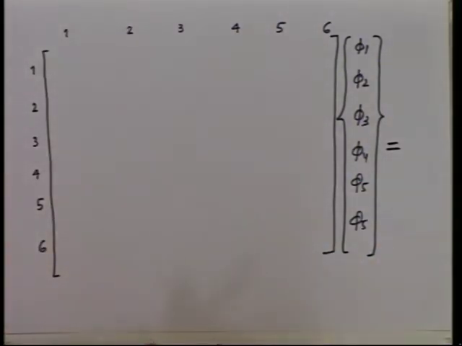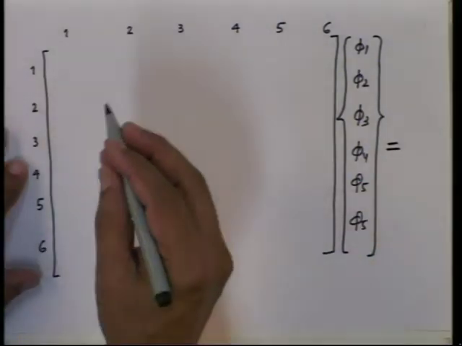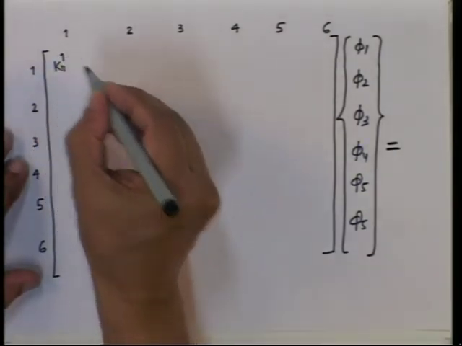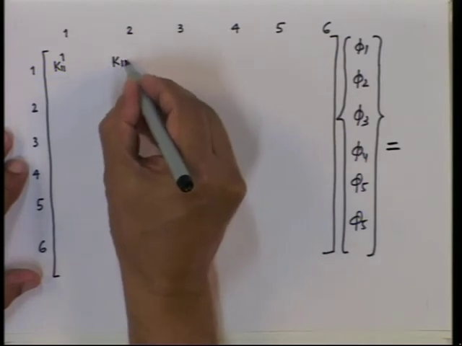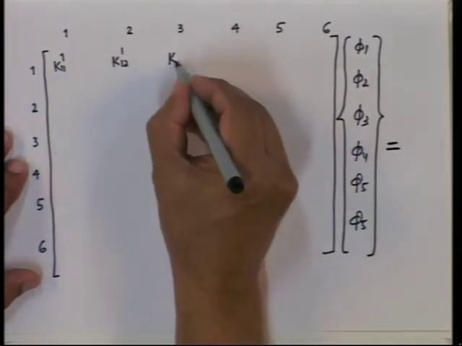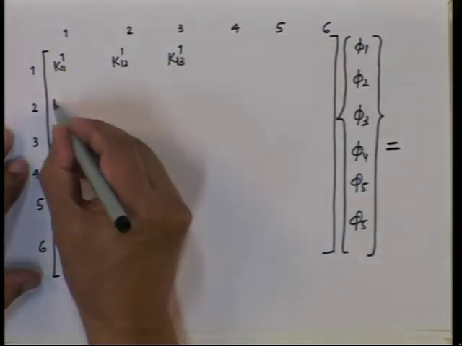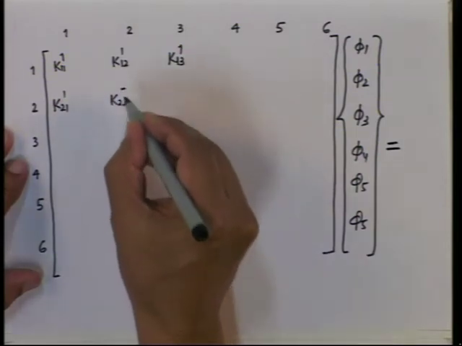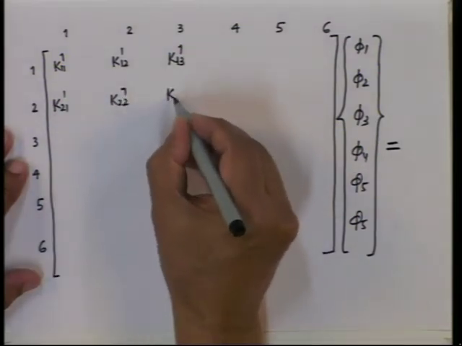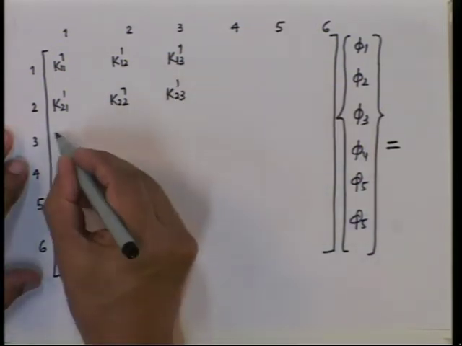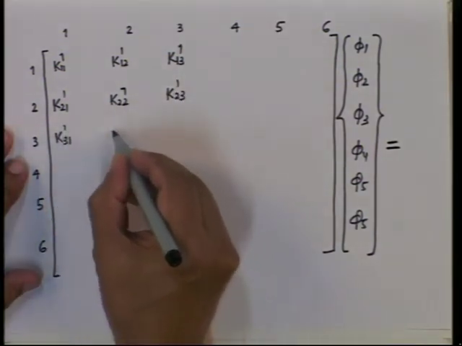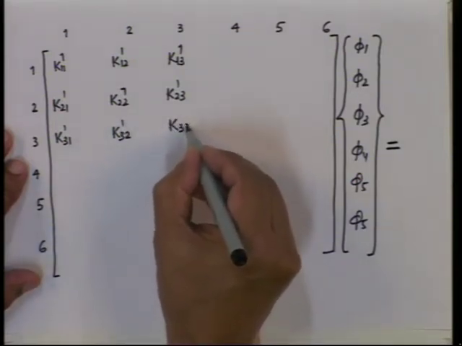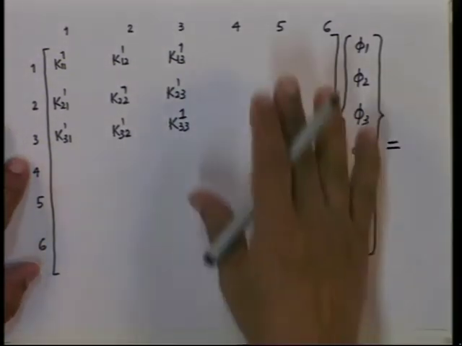So, this will be k 1 1, k 1 2, k 1 3 of element 1, and so on up to 3 3, rest all 0.